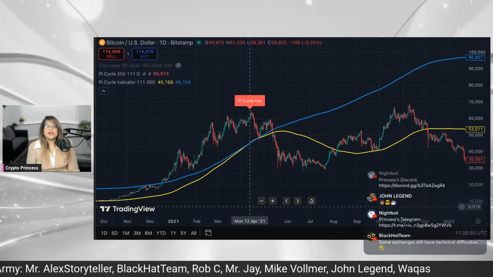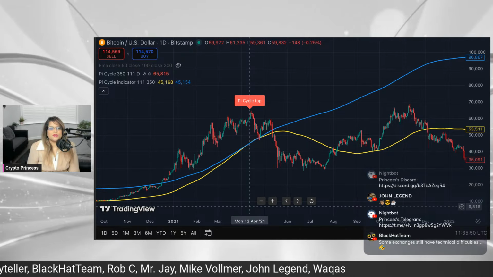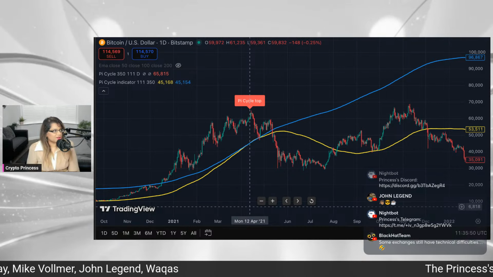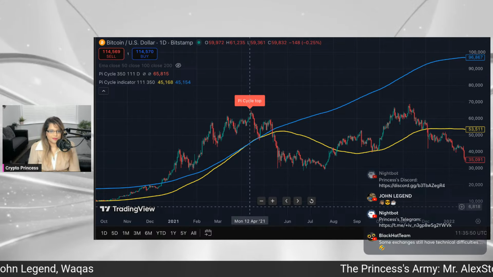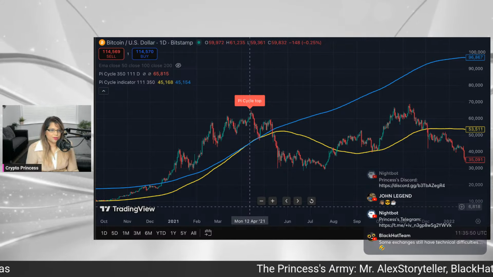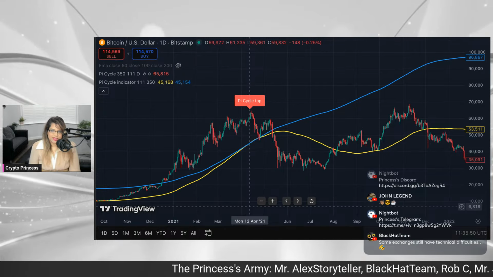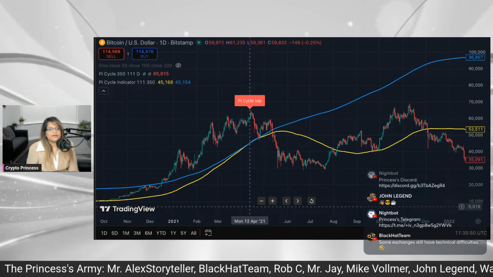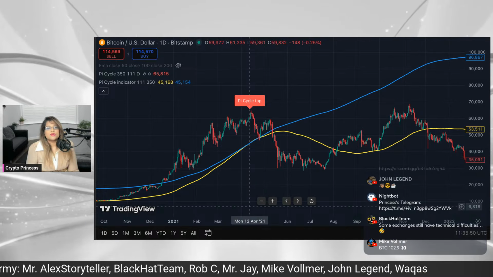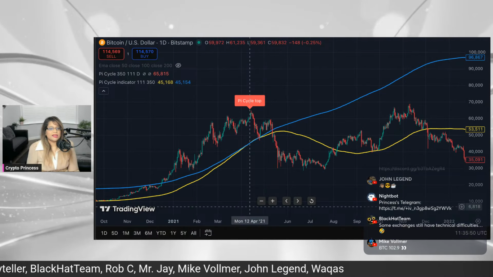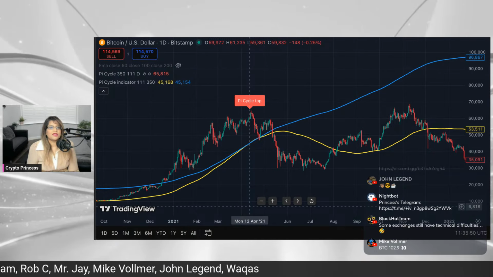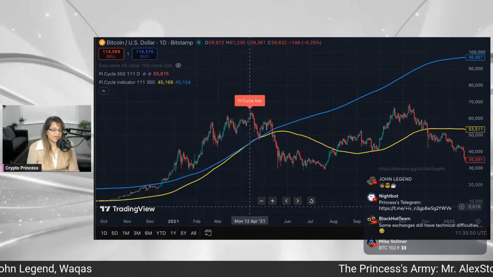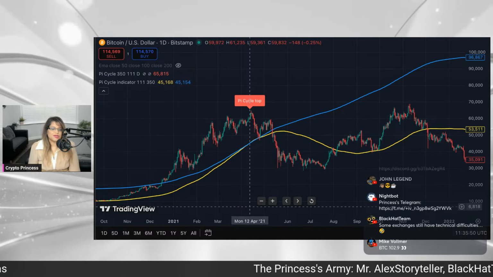So here it goes. So up they went, the two lines. The yellow is the 110-day simple moving average, and the blue is the slightly longer one, the 350-day moving average times 2. On the 12th of April 2021, they crossed over. 2 days later, it hit the local top of $64,000.